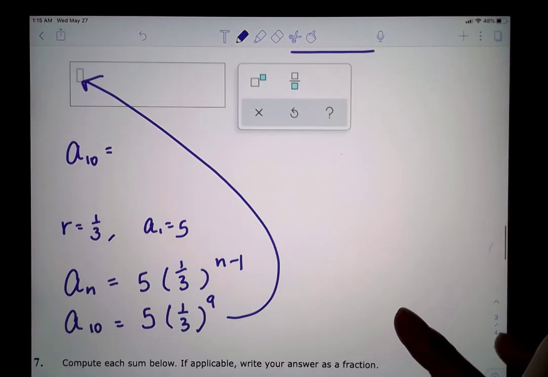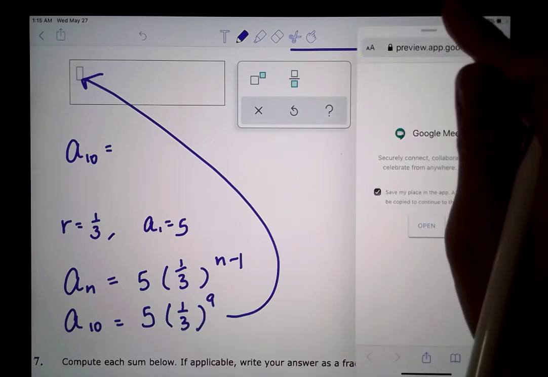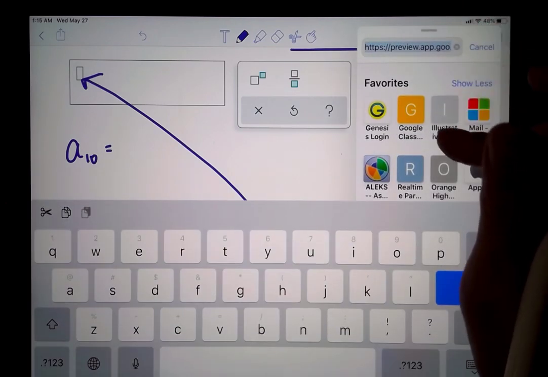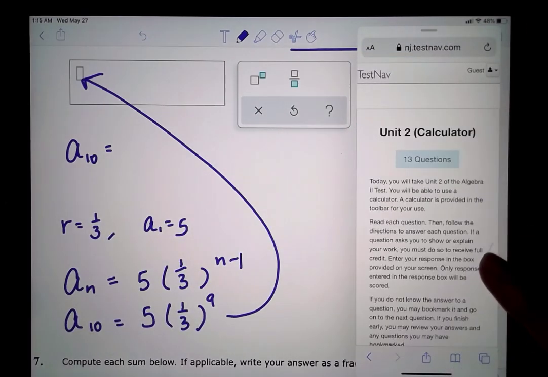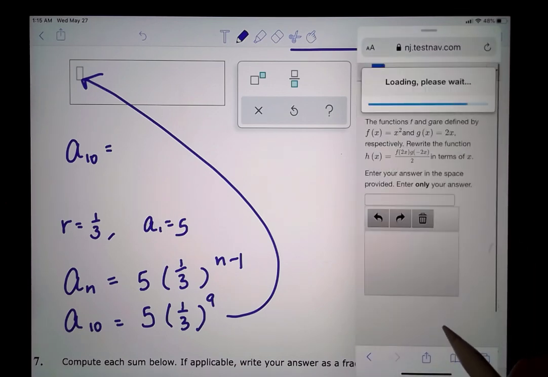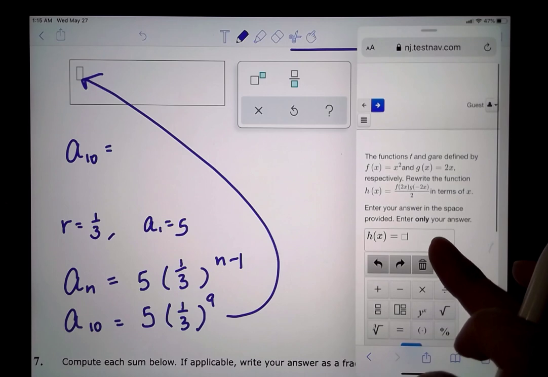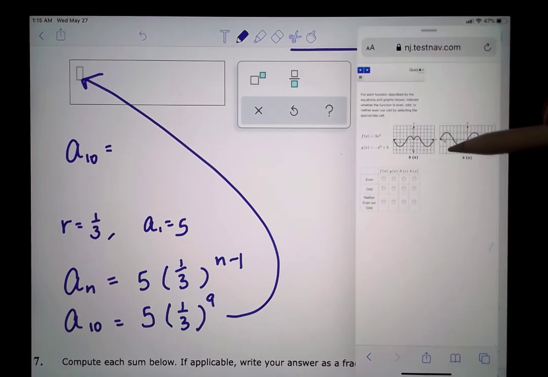Okay, let me see. Let me try. Where's the calculator?